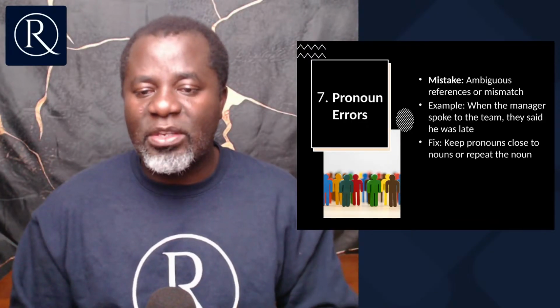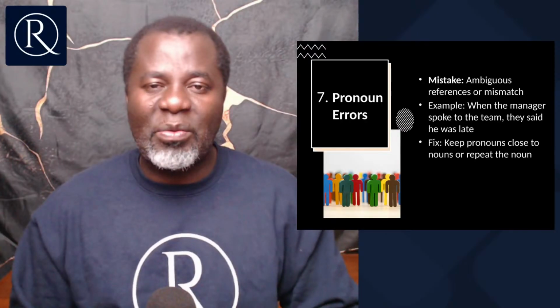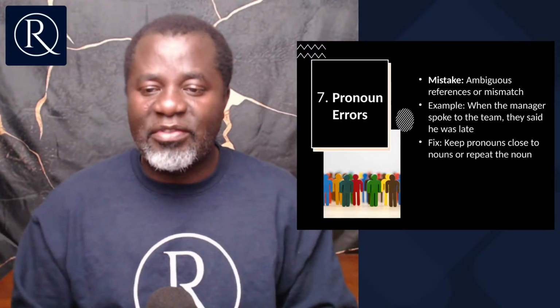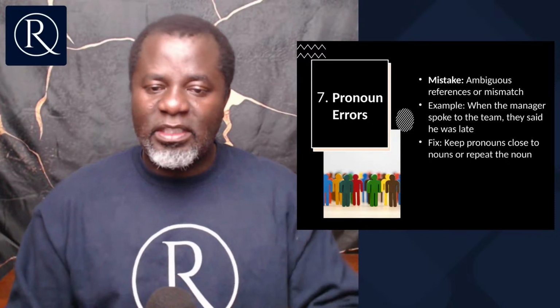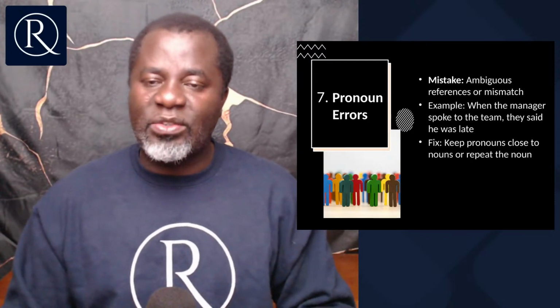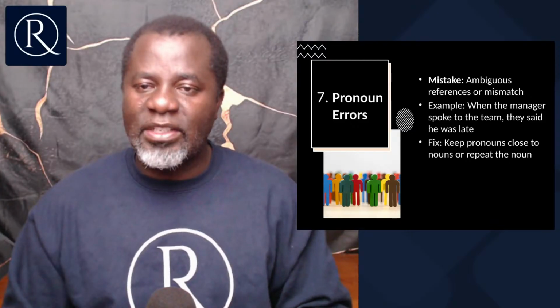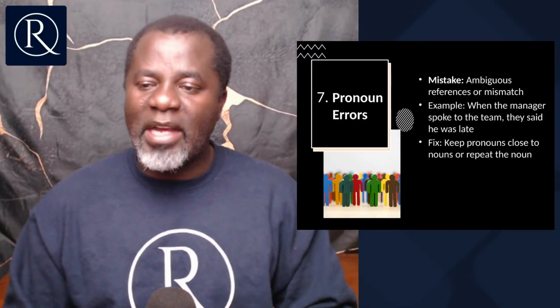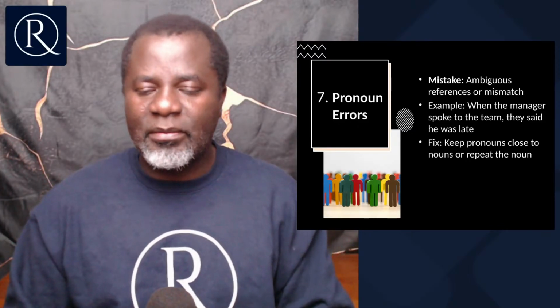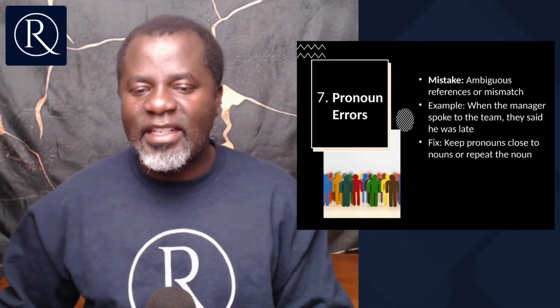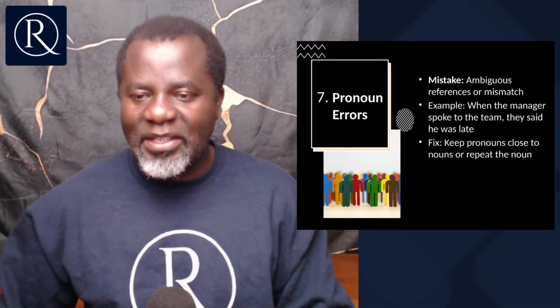So for pronoun errors, make sure you match. Do not be ambiguous or refer to people who are not specifically known. You need to identify the people. This is a case of ambiguity, and we can solve this by understanding pronouns and the reference, how to refer to people back. For example, when you say Chanda was going to town, he decided to stop at the market.